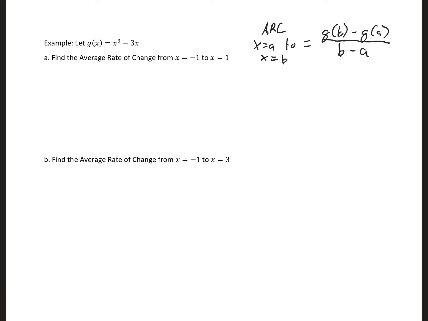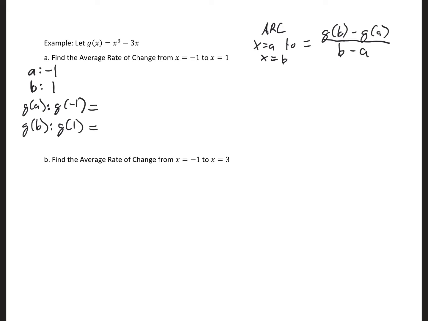So in this case, our a value, our starting input value, is negative 1, and our ending input value is positive 1. To use this formula, I need g of a and g of b as well. g of a would be the same thing as g of negative 1. g of b would be the same thing as g of 1.